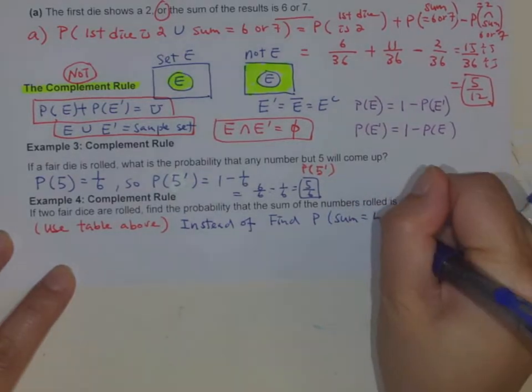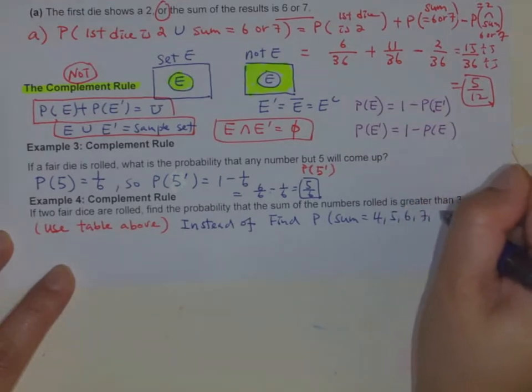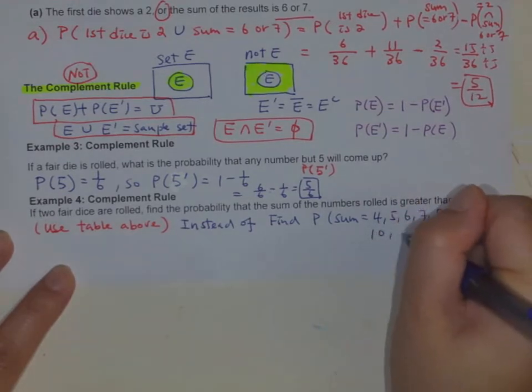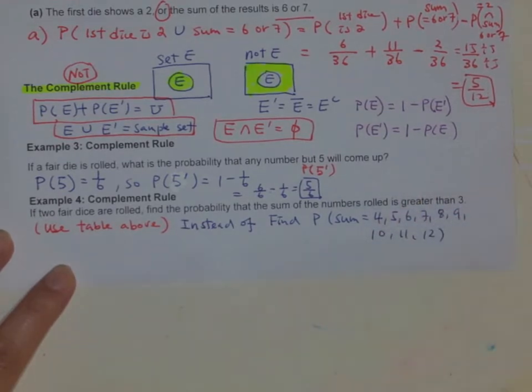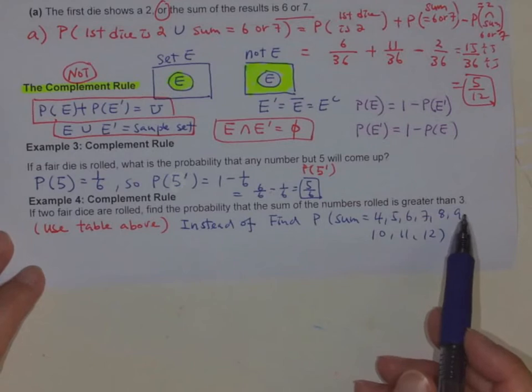So not 3, but 4, 5, 6, 7, 8, 9, 10, 11, 12, because you're rolling 2, right? So if you roll 6 and 6, you have 12. So there are all the possibility of greater than 3.